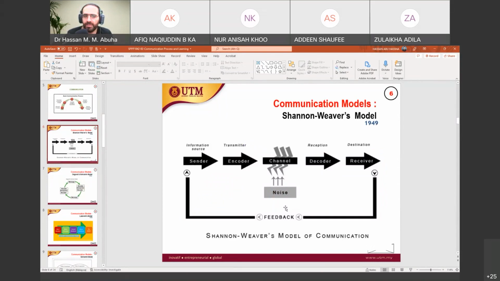So the sender, the information source: I'm going to say maybe one line only, one line about your case, you as a teacher. Okay, what is the sender? What does it mean to you? And what does encoding the information mean to you? What is the channel in your case? Let's say you want to teach face-to-face classes.